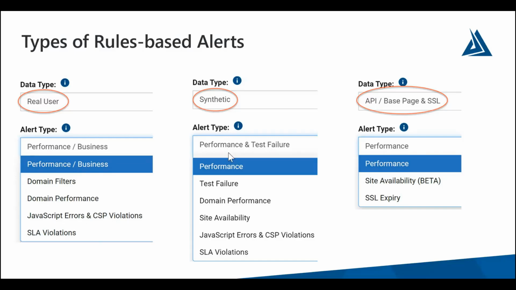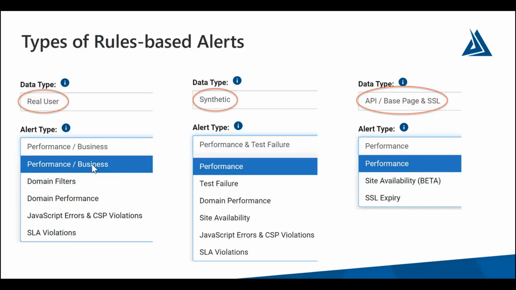If you throw in synthetic, what you can add to that list is test failure alerts and site availability alerts. And with the API checks, or base page and SSL data type, there are performance alerts, site availability, and SSL expiry as well.